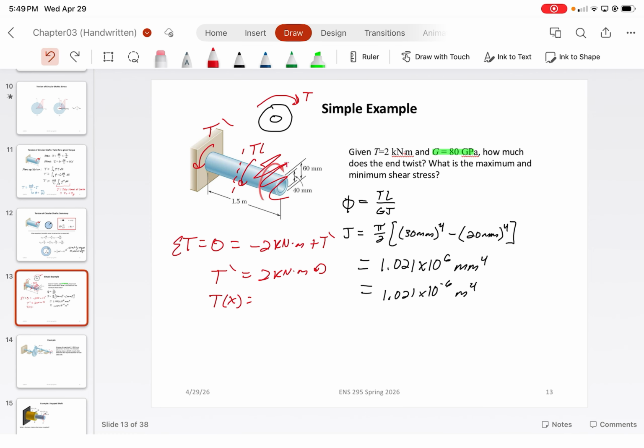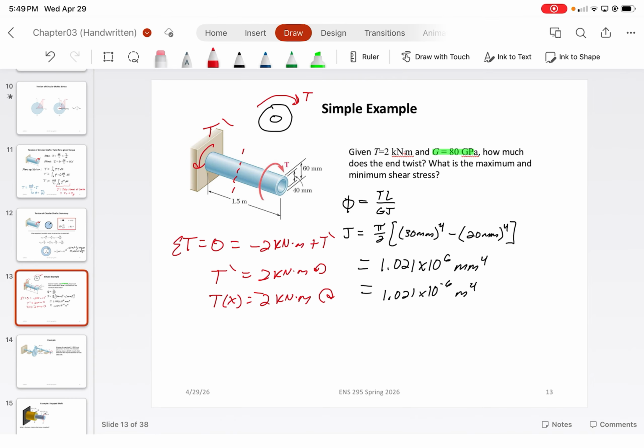All right. I know it could be a little tough. It gets worse once we start getting into stepped shafts. All right. So T of x would just be 2 kilonewton meters, but negative. Which in other words just means that the rod has a tendency to move clockwise.